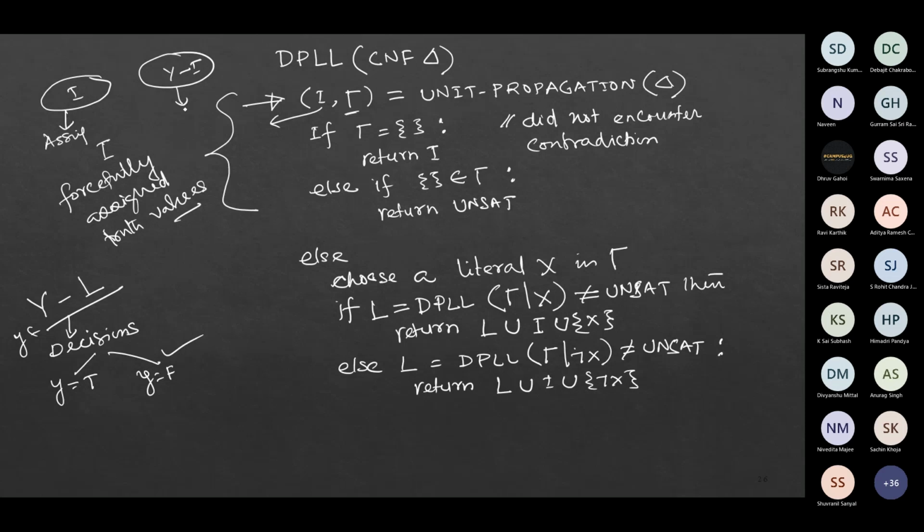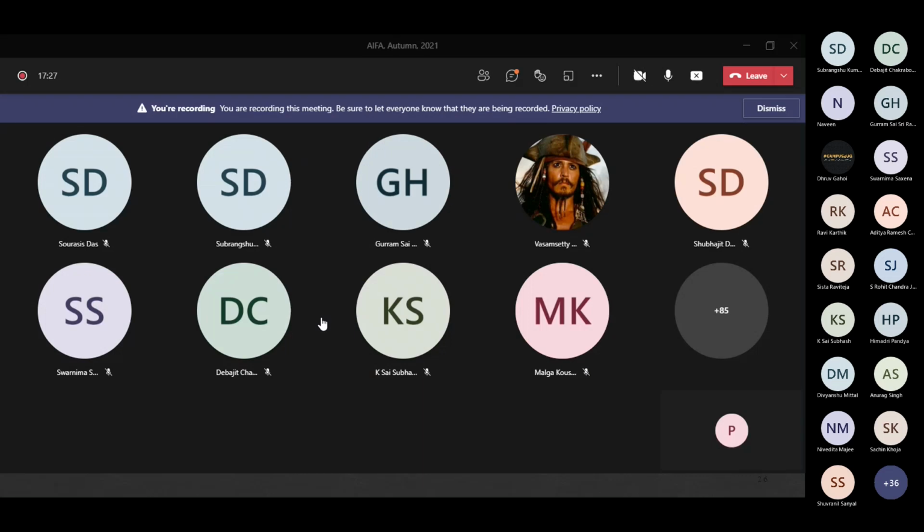And for this, we are making the decisions. Right. And this decision part will be implemented using this recursive form. So I hope this part is clear. If there are any questions on this, I'd like to answer. Otherwise, I will move forward.